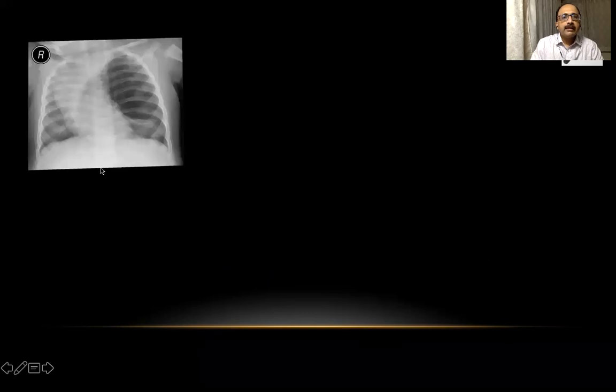Now, look at this X-ray. What it shows here is a left hemithorax which is black in appearance, and we said whatever is black has air in it. But what also is clear is that this is not a pneumothorax, simply because you can find the visible lung margins here.